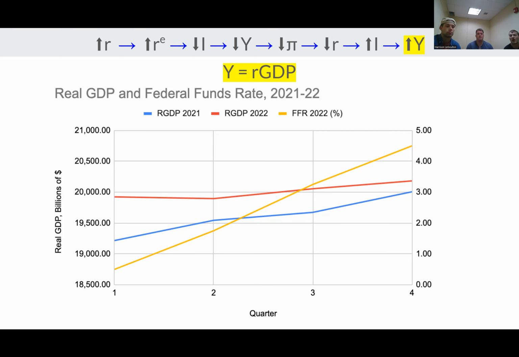So this figure reflects the relationship between the federal funds rate, which is the yellow line, on the right vertical axis, and the real GDP of 2021 and 2022 in billions of dollars on the left vertical axis. And the relationship that we saw through this depiction was that even as real GDP is increasing and the economy is expanding, so are federal funds rates.